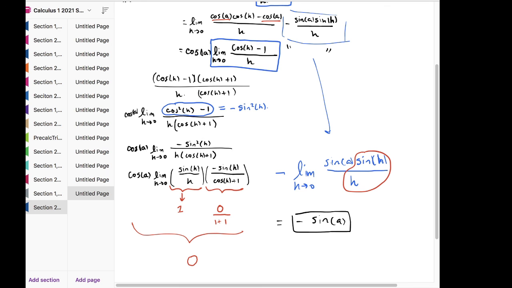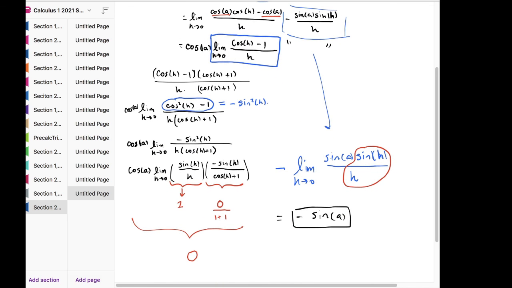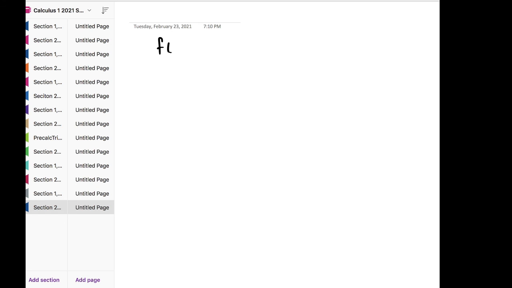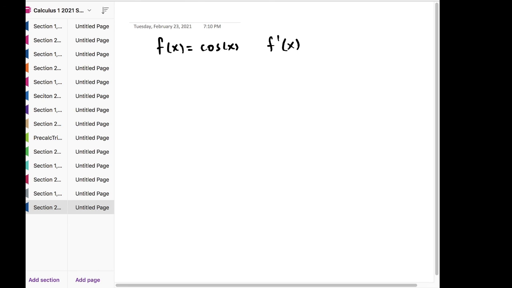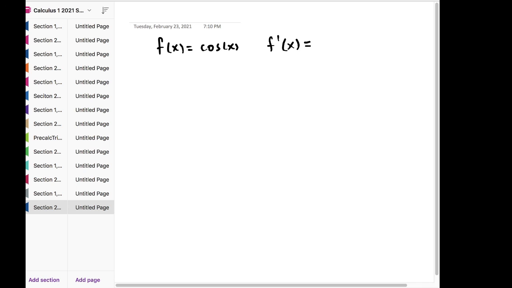Okay, great. So if f of x is equal to cosine, what is f prime of x equal to? We just determined it's negative sine. So any questions on that?